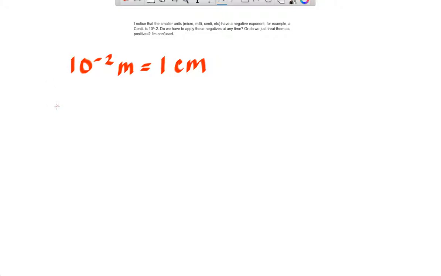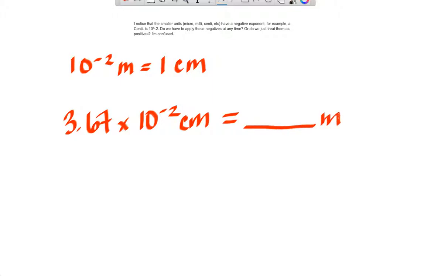Now, if you look at, let's say I had 3.67 times 10 to the negative 2 centimeters, and I wanted to convert that to meters. What could I do?